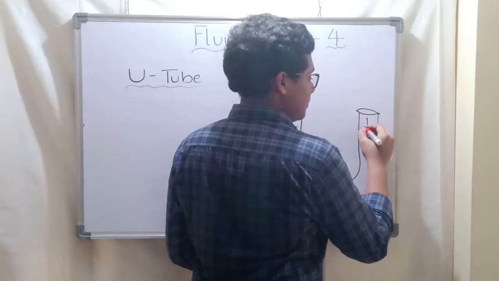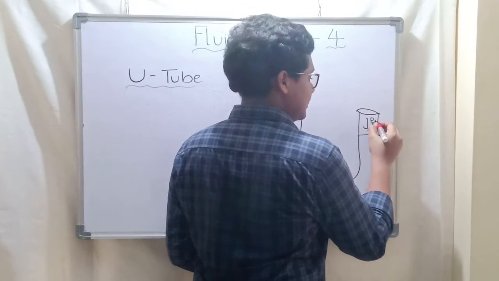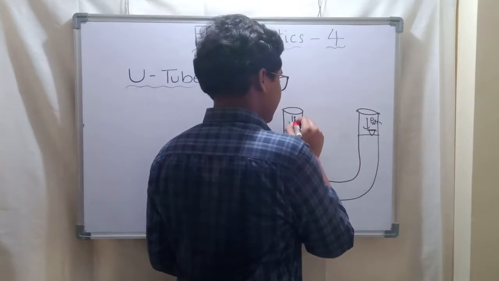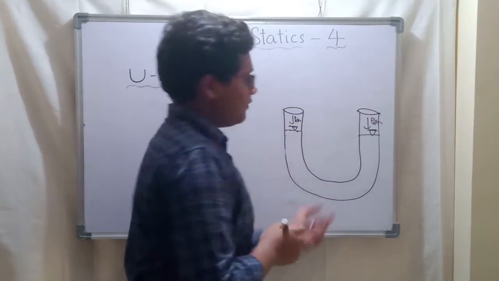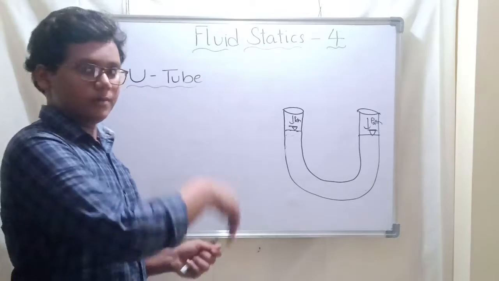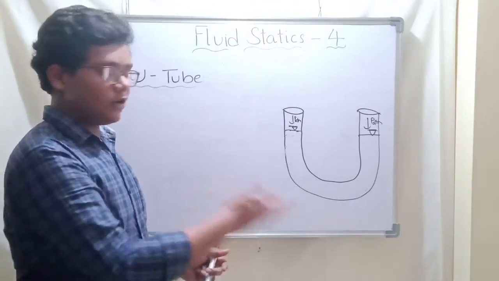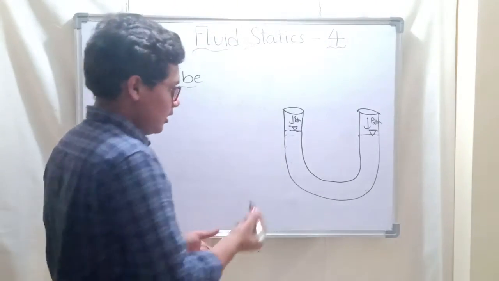From upward, PATM is acting on both sides. If it is acting on one side also, it will be distributed in all parts. I said that in Pascal's law.